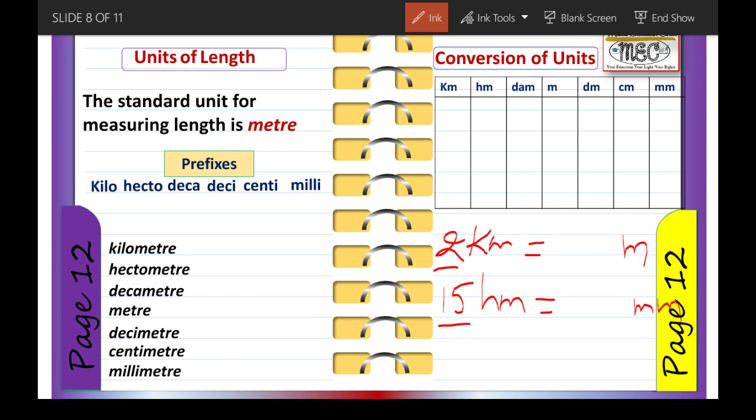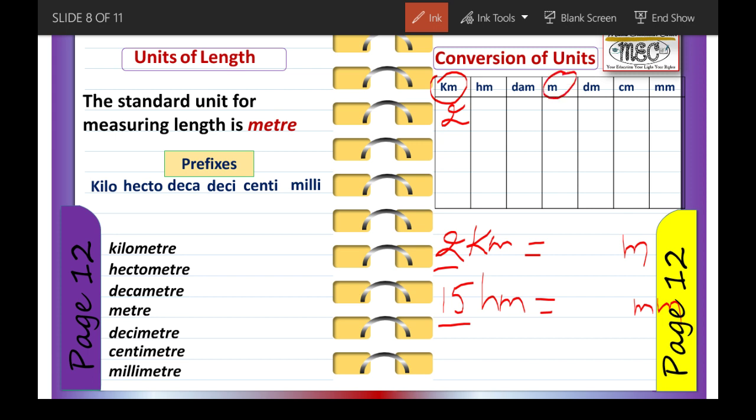In the next number, you have 15. The value of 5 is ones. The value of 1 is tens. So all ones are put under the given units. Here we are given 2 kilometers, we come here and then we put 2 under kilometers. And remember that you are converting kilometers into meters.